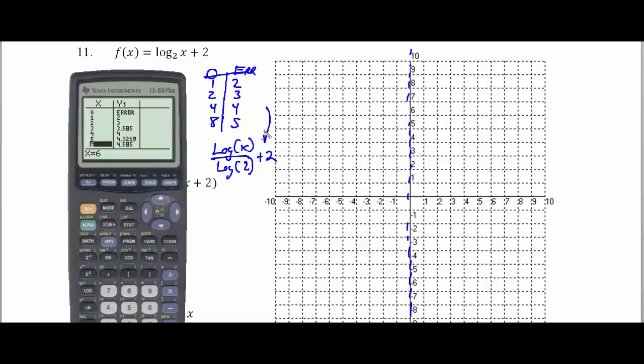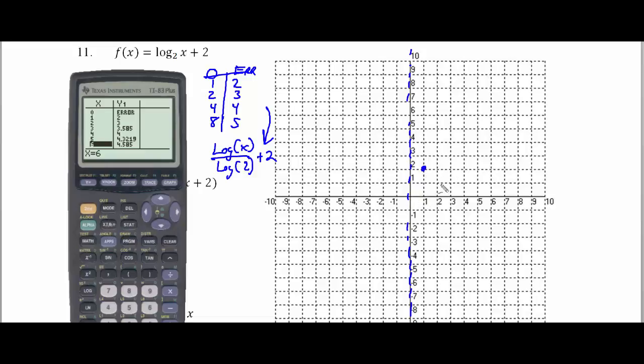This plus 2 is going to shift the graph vertically up 2 units. That's not going to actually affect our range, our y values, because shifting something up and down doesn't change the y, and you'll see that as we type it in. So 0 is an error on the x, so there's our asymptote line.